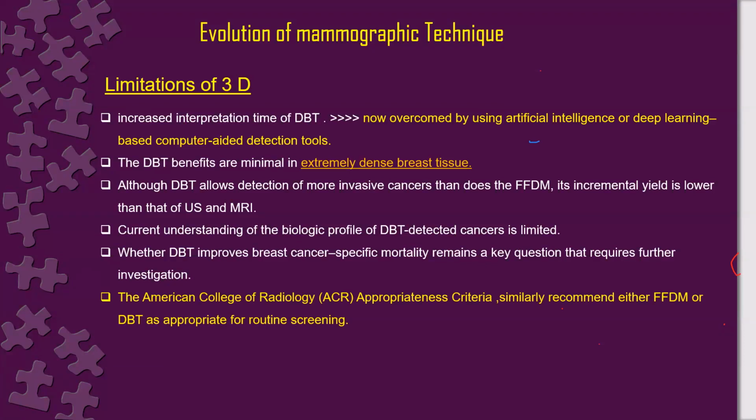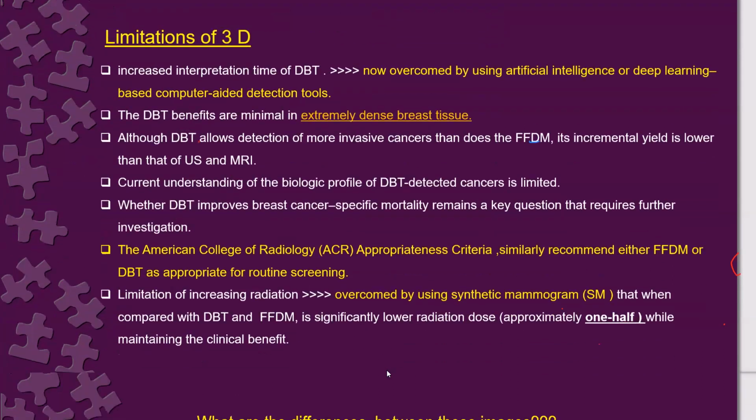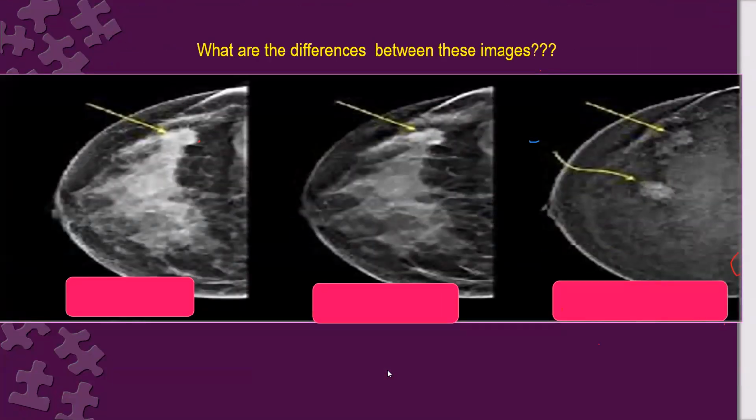The American College of Radiology appropriateness criteria similarly recommend either full digital mammography or tomosynthesis as appropriate for routine screening. And the limitation of relatively increased radiation, as we said, is overcome by using synthetic mammogram, which reduces the radiation dose to approximately half while maintaining the clinical benefit.